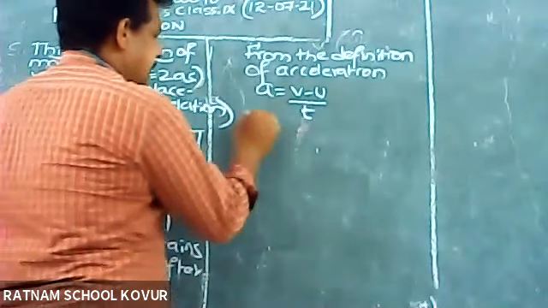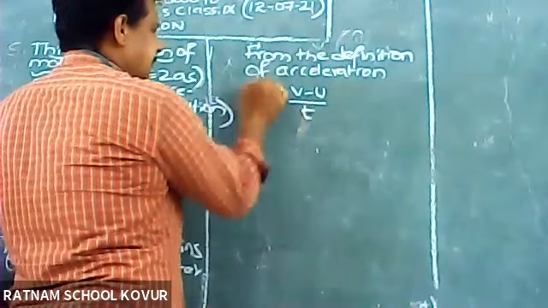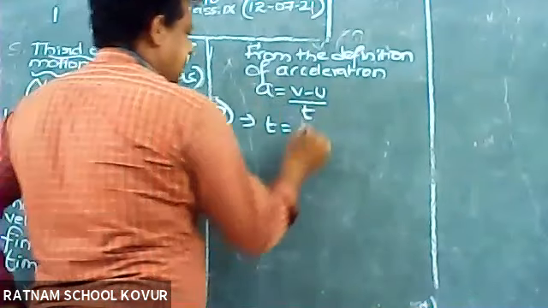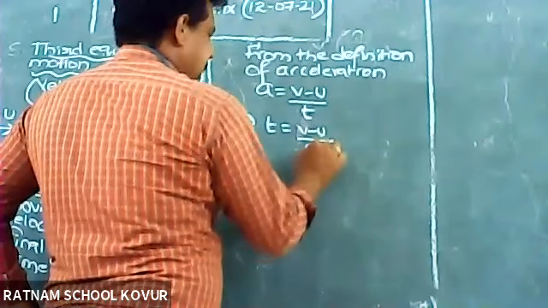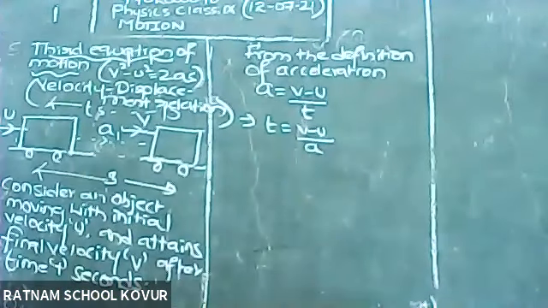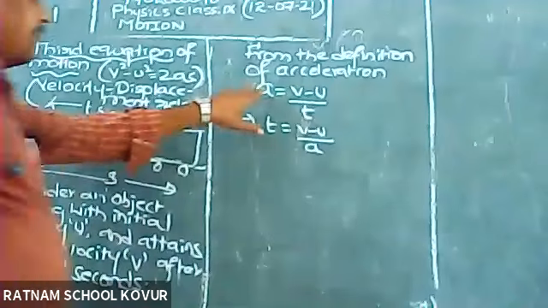Now this implies I will replace a here, t here. So t will become v minus u by a. Now just replacing a and t.